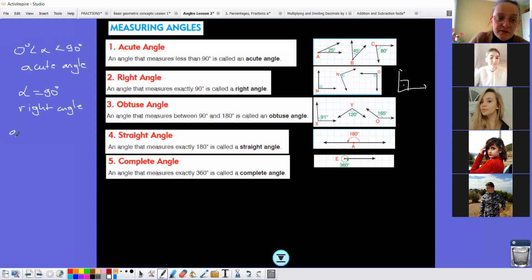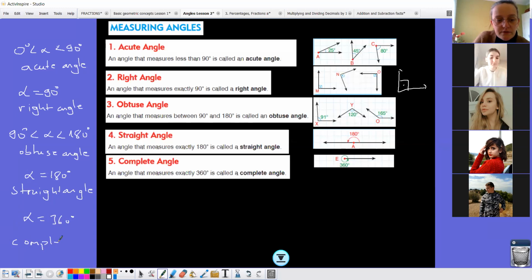If alpha is between 90 and 180, it is an obtuse angle. If it is equal to 180, it is a straight angle. And if alpha is equal to 360, it is a complete angle.